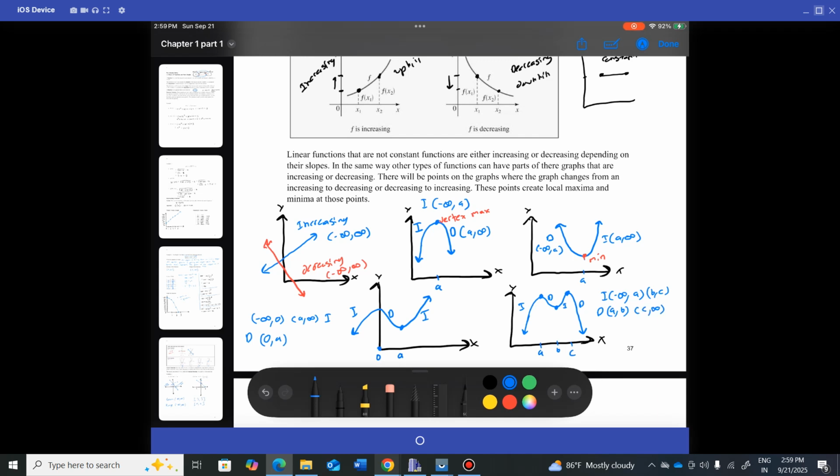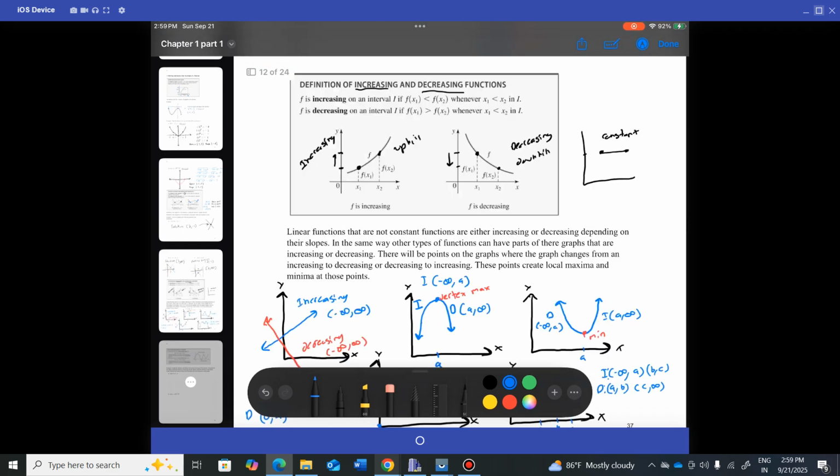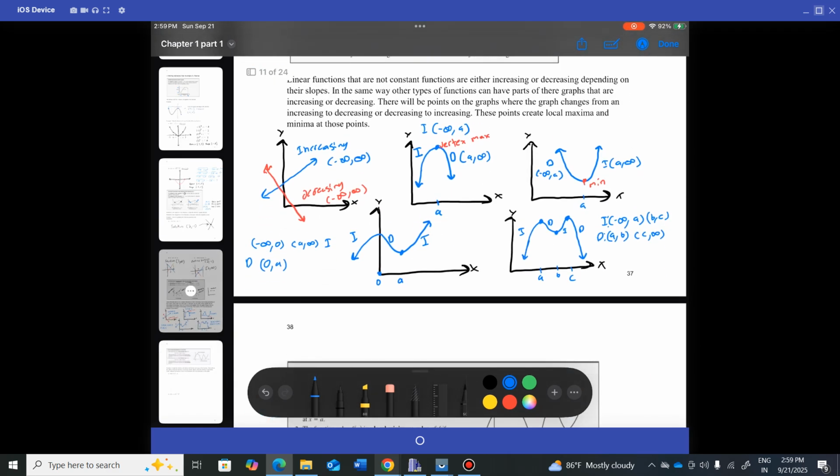Okay, now in all of these graphs, what do we see here where it changes? Well, when it goes from increasing to decreasing, there's always a maximum. If it goes from decreasing to increasing, it's always a minimum.